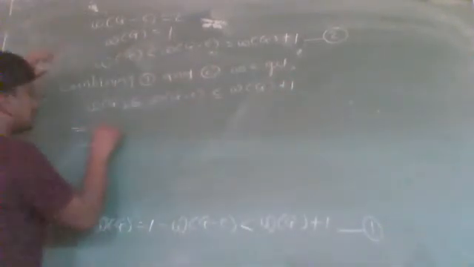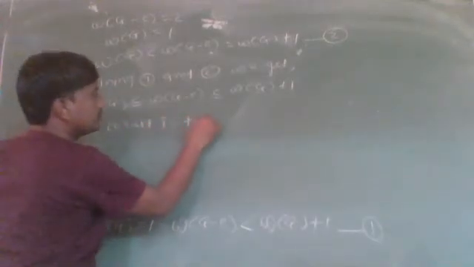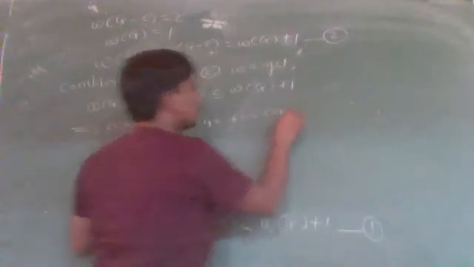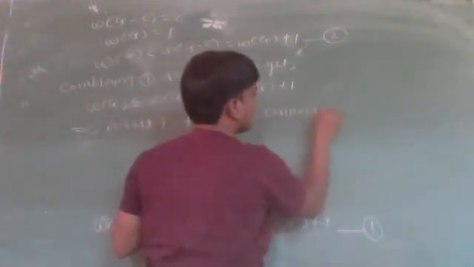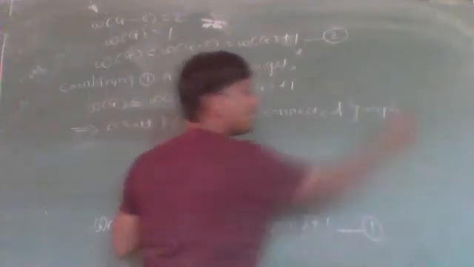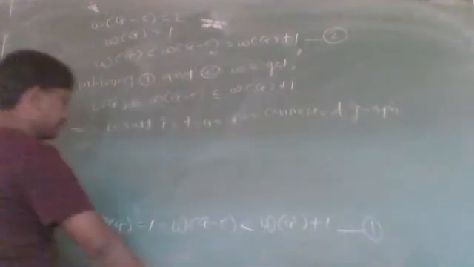Thus, the result holds for the connected graph. That is, case 1 is done. Now we have to prove that the result also holds for a disconnected graph, that is, a graph that is not connected.